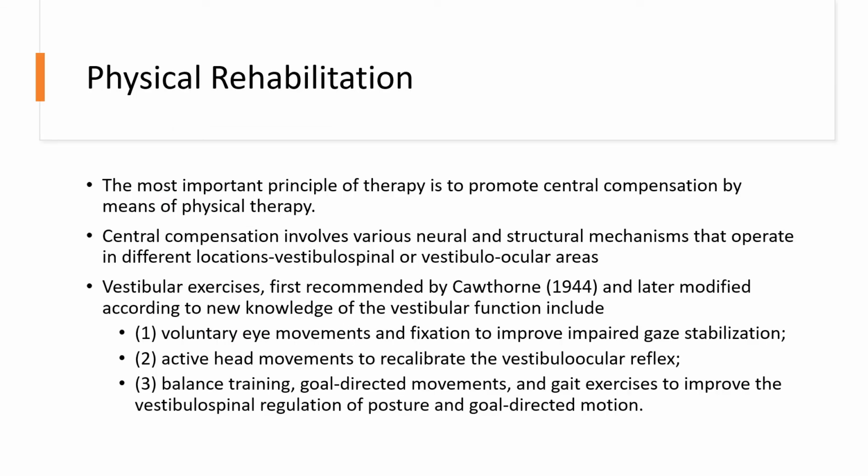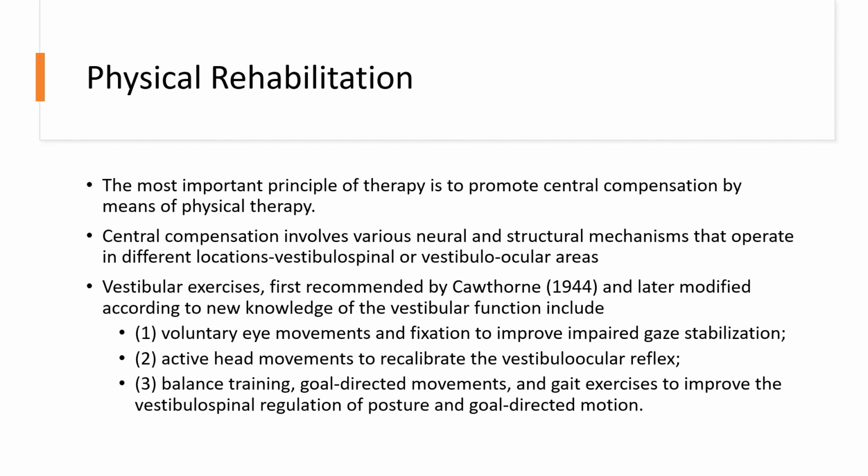The third component for treatment of vestibular neuritis is vestibular rehabilitation. The most important principle of therapy is to promote central compensation by means of physical therapy. Central compensation is not a uniform process. It involves various neural and structural mechanisms that operate in different locations, vestibulospinal or vestibulo-ocular areas.